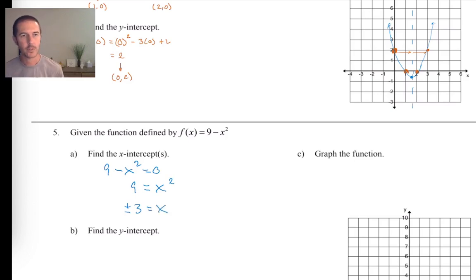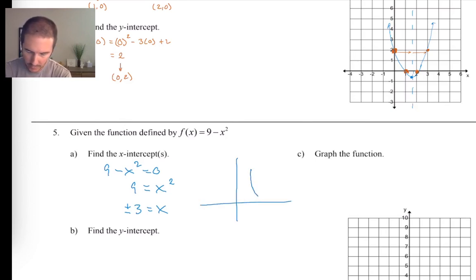So that's how you're going to get your two x-intercepts, by remembering the square root property. Is the parabola always going to have two x-intercepts? Absolutely not. Sometimes it does. We've already seen an example of that. It's also possible that a parabola would come down and touch the x-axis just at one point.